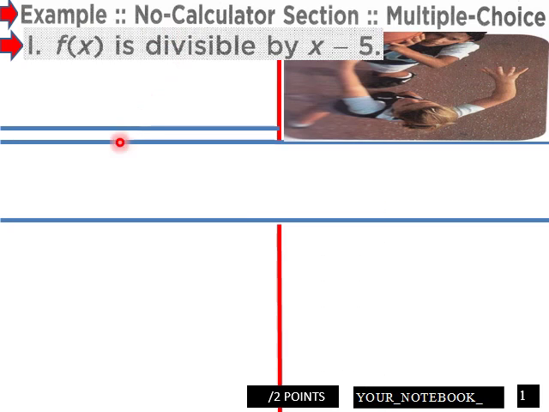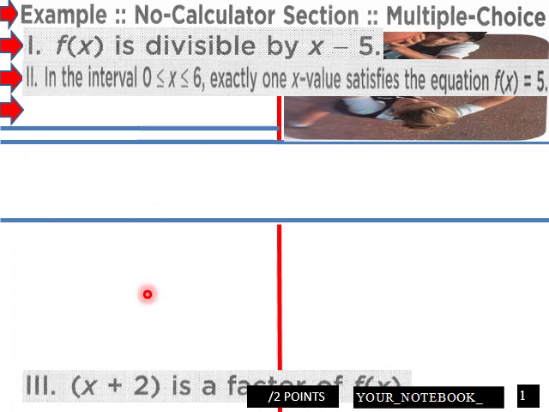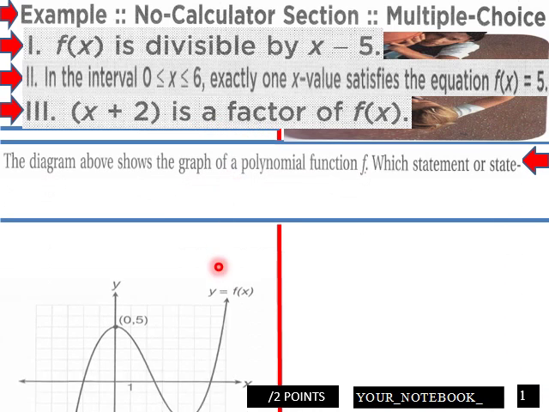Example, no calc section, multiple choice. 1: f of x is divisible by x minus 5. 2: in this interval here, exactly one x value satisfies the equation f of x equals 5. And 3: x plus 2 quantity is a factor of f of x.